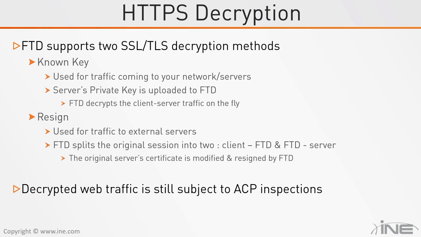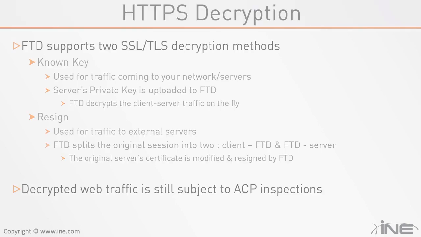Also, don't forget that the decrypted communication is always going to be subject to the access control policy inspection, because that's the goal of doing the decryption. We want to see clear text communication in the access control policy to make a better decision as to whether to forward this communication, maybe inspect and forward, or basically to block it.